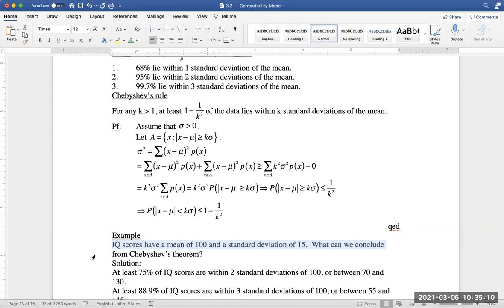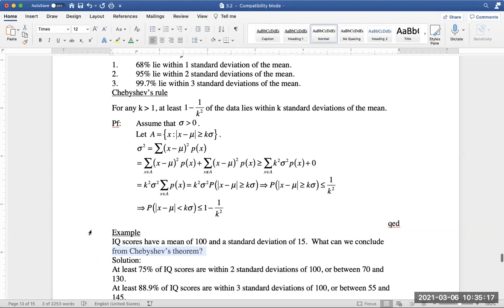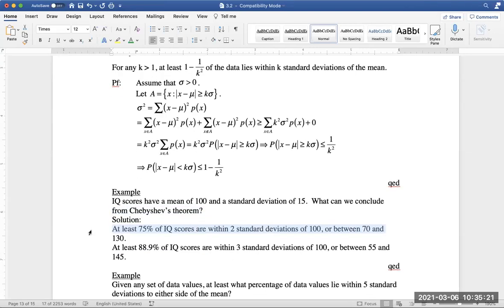Now, what can you conclude from Chebyshev's theorem? At least 75% of IQ scores lie within 2 standard deviations of the mean. So at least 75% of IQ scores are between 70 and 130. Let's do 3 standard deviations.